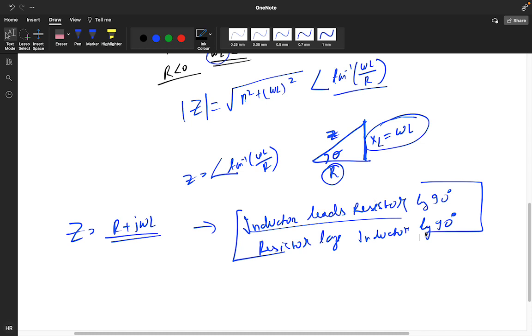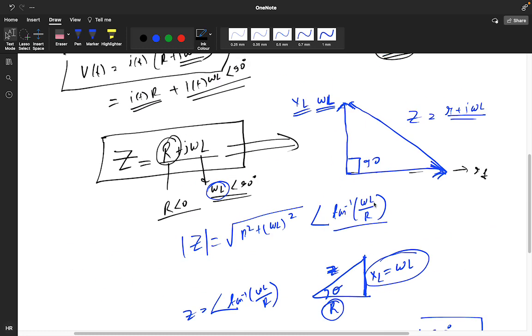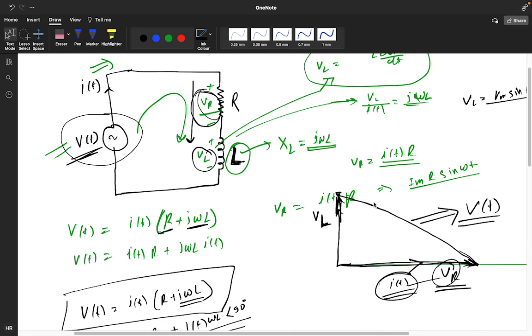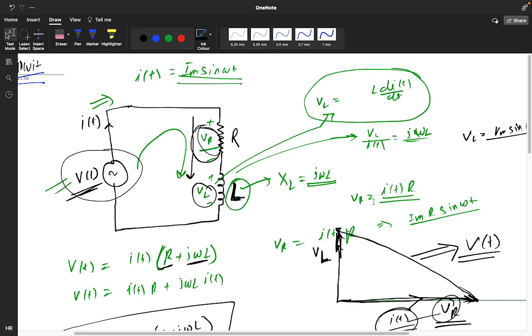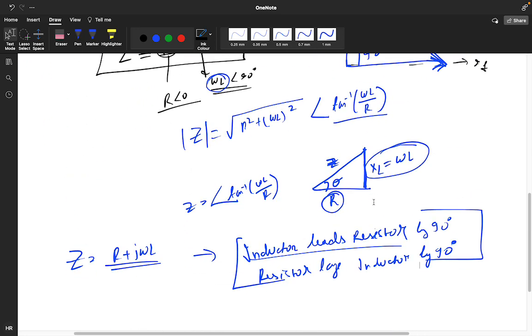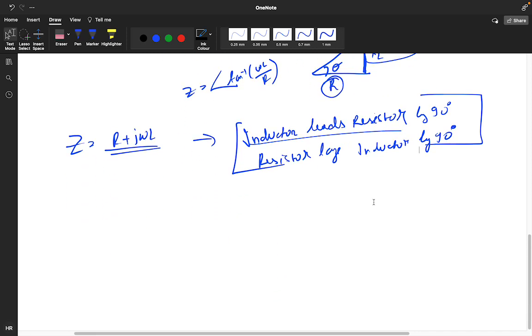This part is clear, guys. Prasanna, is it clear or not? Yeah, it's clear.